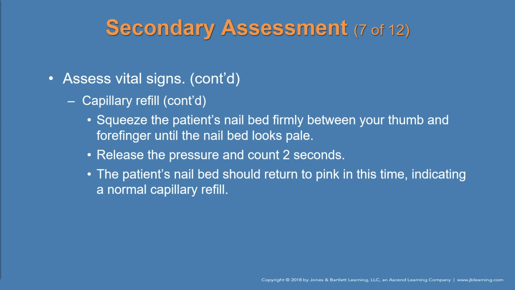So capillary refill, we talked about blood vessels in anatomy and physiology on Wednesday, and we know that we have arteries carrying blood away from the heart, and we have veins returning blood to the heart. But in between the arteries and veins, there's a space where the oxygen is diffused into the tissues and the carbon dioxide is picked up by the blood, and that's where gas exchange takes place. And this is referred to as the capillary bed.